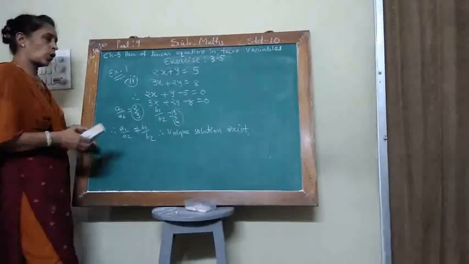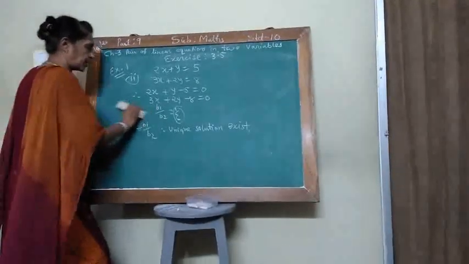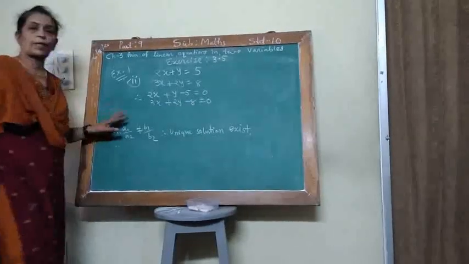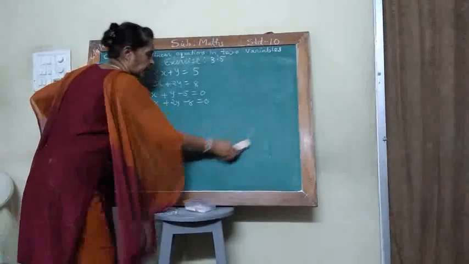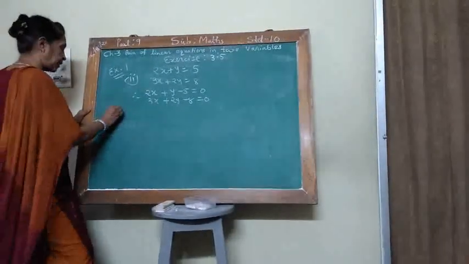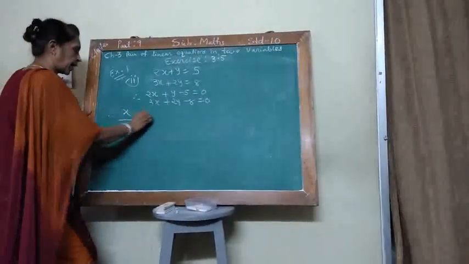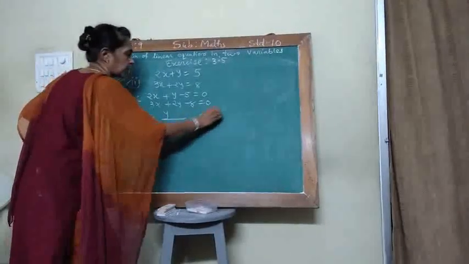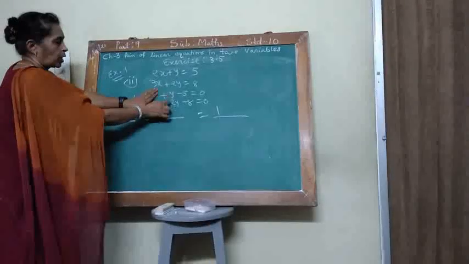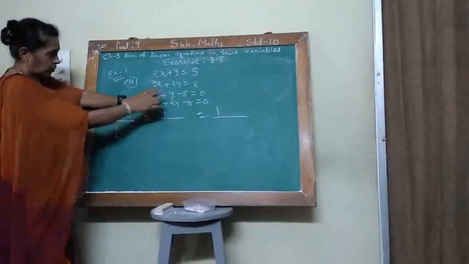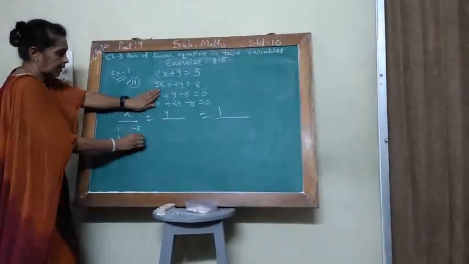So applying cross multiplication method, you have to write solving equation 1 and 2 by cross multiplication method, and therefore x upon, I have already explained you in general method, x upon, you put your hand 1, 2, minus 5, minus 8.